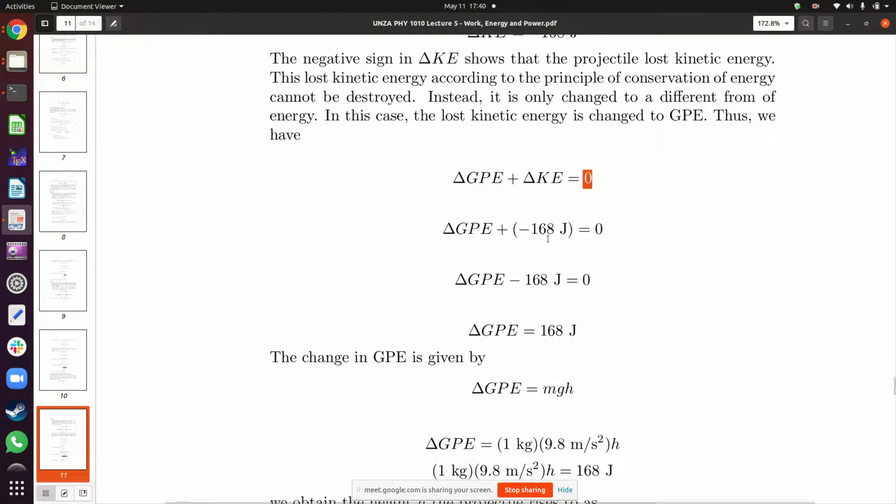So the change in gravitational potential energy plus the change in kinetic energy is equal to 0. So the change in gravitational potential energy plus minus 186 joules equals 0. So you end up having your change in gravitational potential energy being equal to 186.